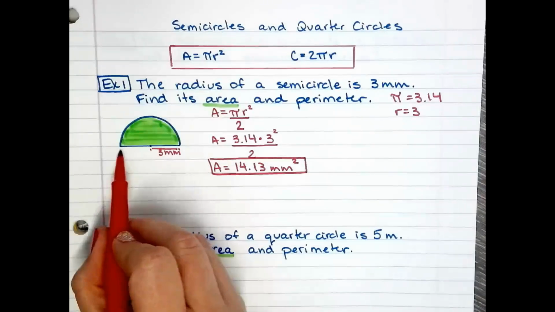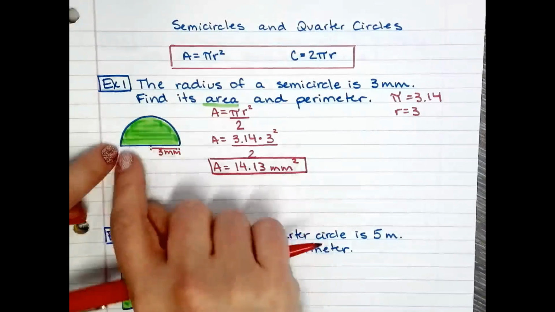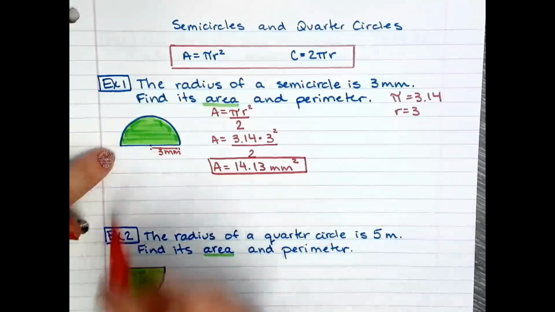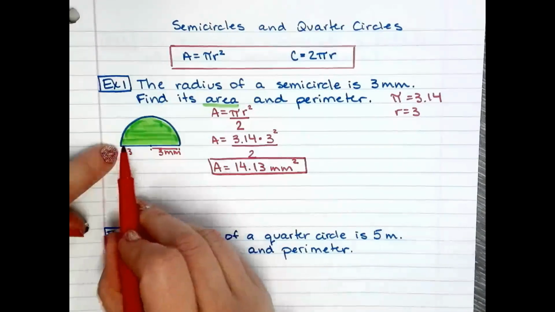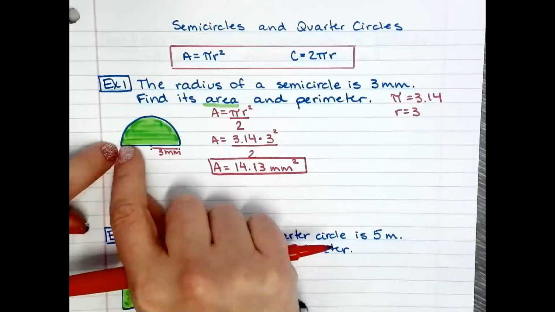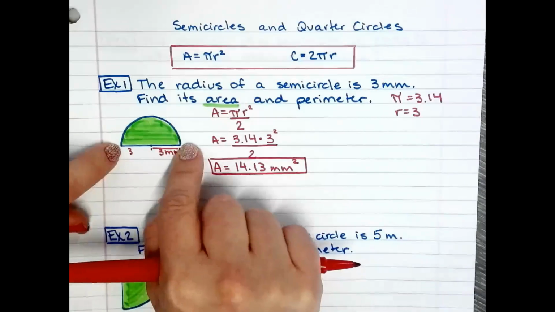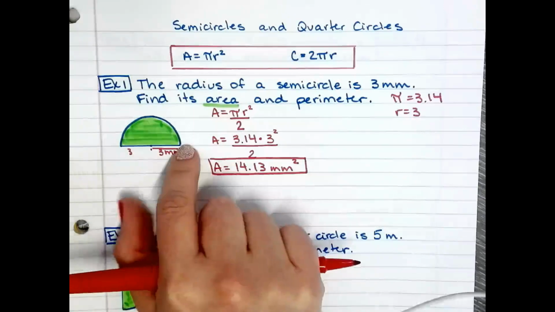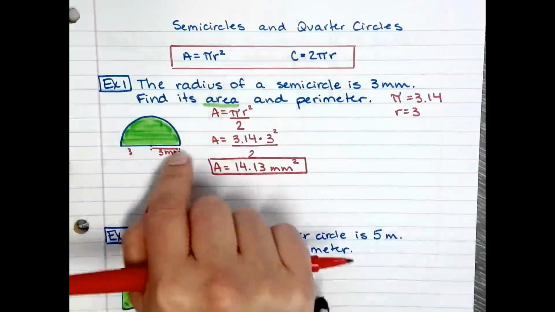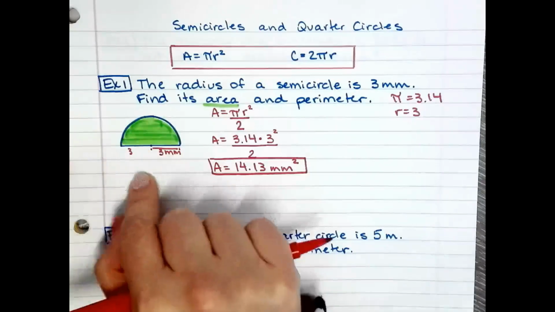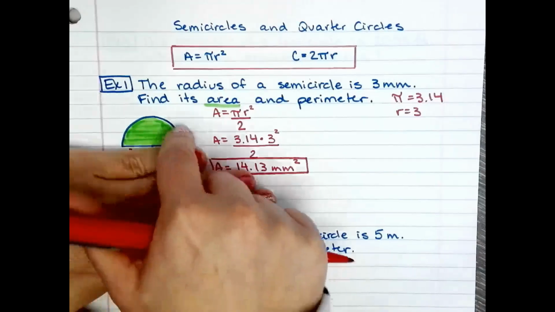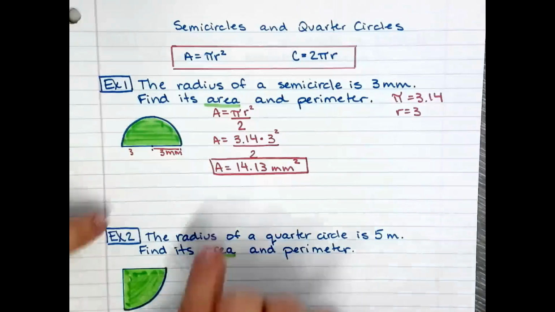So this part of the semicircle, to go from here to here, that's easy to find. If this one is 3, this one is also 3. So we're going to have this part right here, which is the diameter, or the radius plus the radius. And the circumference of the whole thing that goes all the way around is that formula, but I only need to use half of that circle right there.